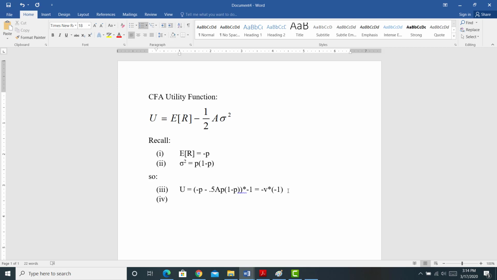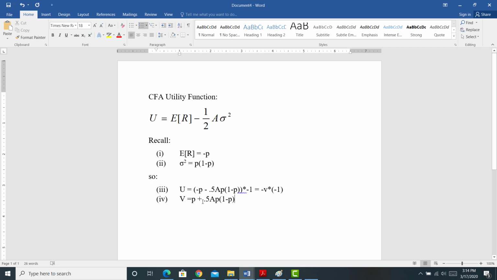I get another formula, V, which is now positive, is equal to P plus 1/2 A times P times 1 minus P. I just multiplied both sides because I'm not interested in the loss of insurance. I'm interested in the amount that you're willing to pay for insurance. And this is going to help me figure out the coefficient of risk aversion.